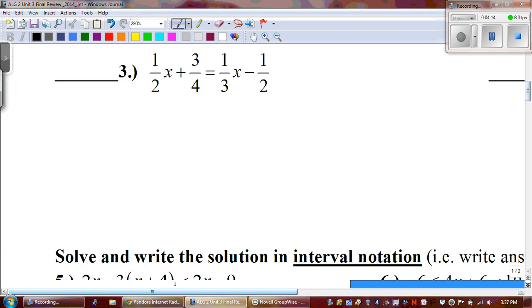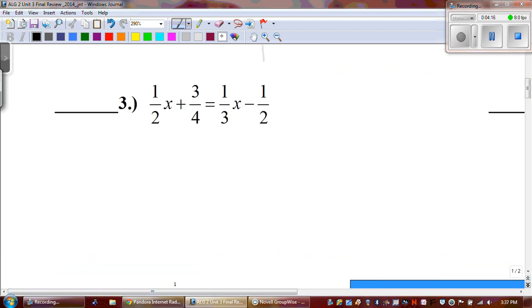Okay, number 3. Now, I want to get rid of those fractions. To get rid of the fractions, we need the LCD of 2, 3, and 4. Some of you might know it right off the bat, others of you won't, which is fine.